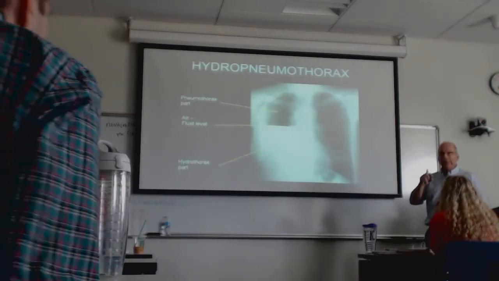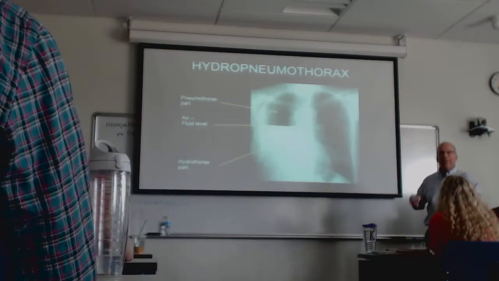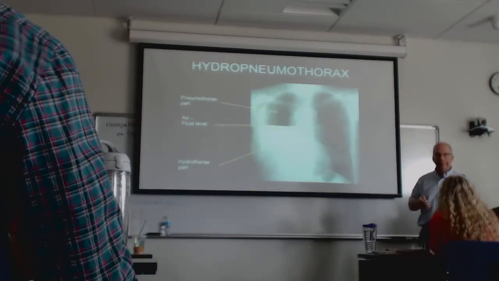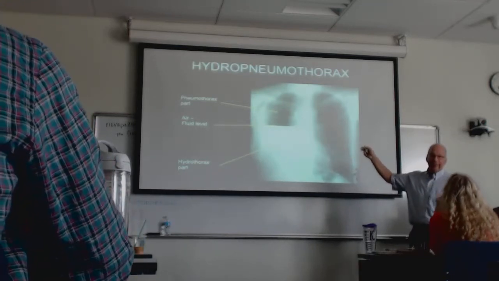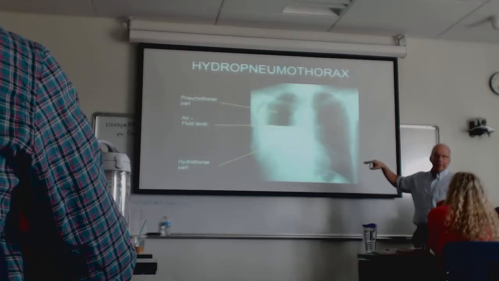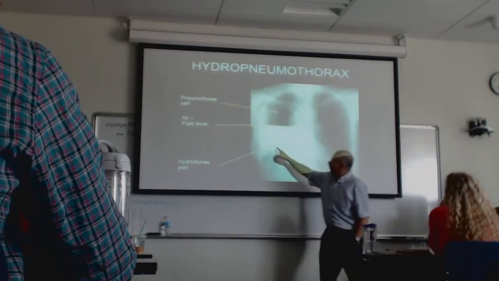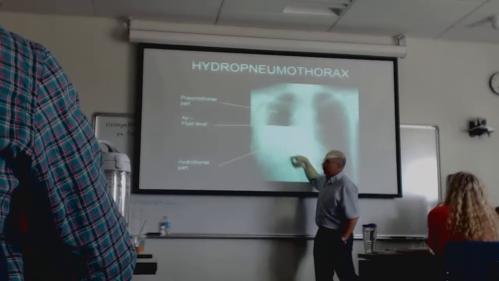However, you can get a hydropneumothorax when there is lung there, and then it would only be in the pleural space. It would look like this, maybe not nearly as dramatic. But you would have an air and fluid level somewhere in the pleural space. It might only be here. There would be air above and fluid below, but the rest would be normal lung.